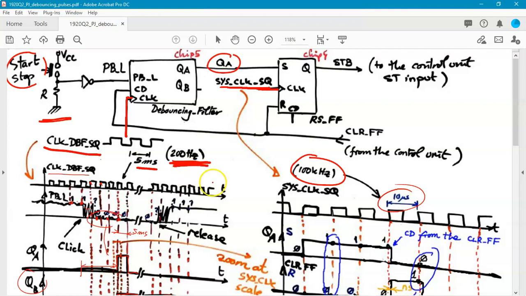Well, because here, for example, what you've got from the dedicated processor point of view is the requirement of being able to store, to record the QA pulse, right? And so that the machine can start if this is the start button, or later on the machine can be stopped if the same pulse is interpreted as the stop button.